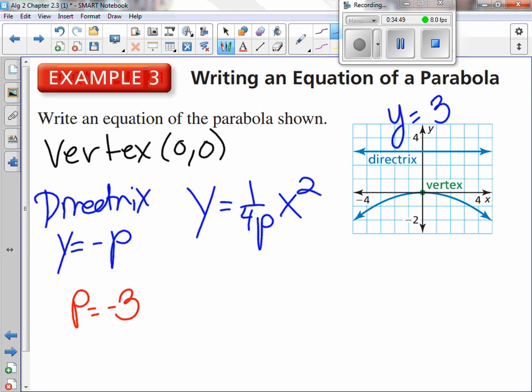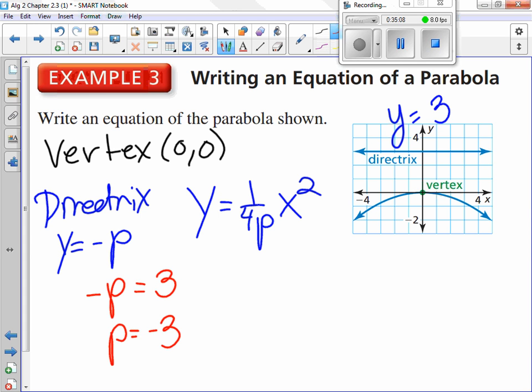Well, it says y equals 3, so we change the sign. So what we're saying is negative p equals 3, which means p is equal to negative 3, yes? Are we good with that? Are we tracking with that?